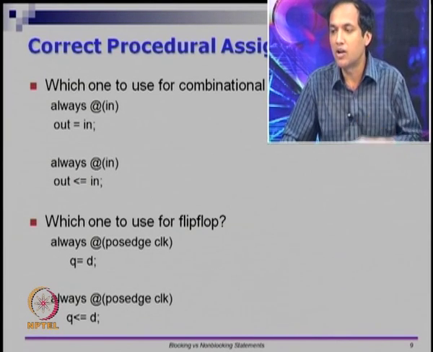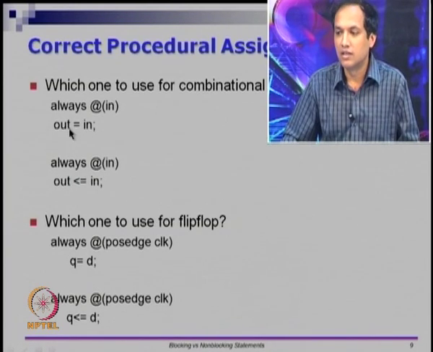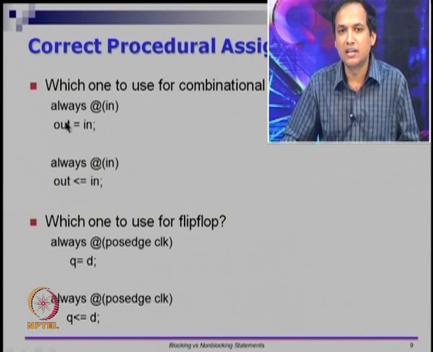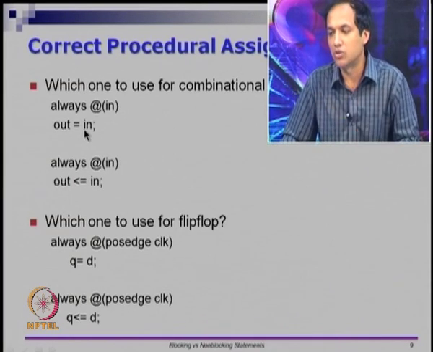If I put out = in, then because of the nature of the assign statement, this in immediately gets assigned to out, which means any change in in gets propagated to the output, and if out is connected to something else, that will immediately trigger the other ones also.